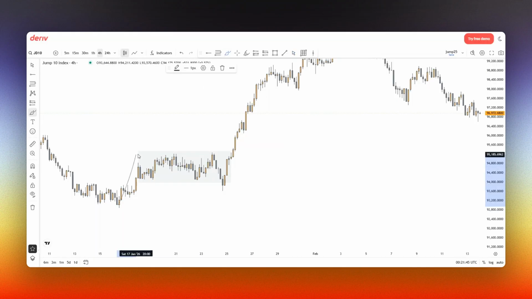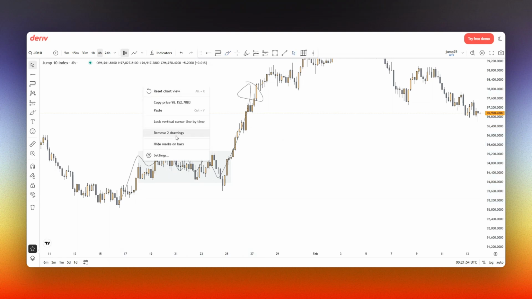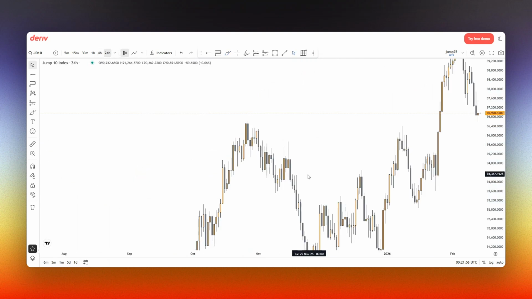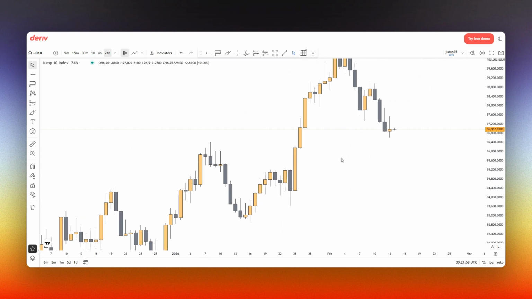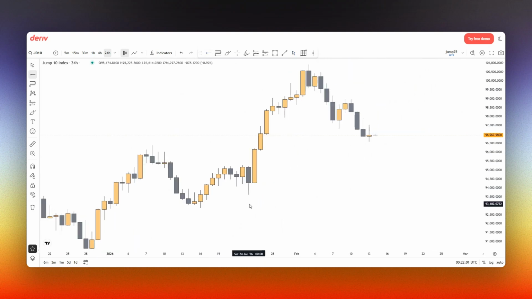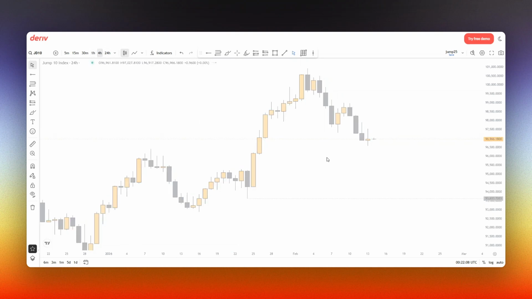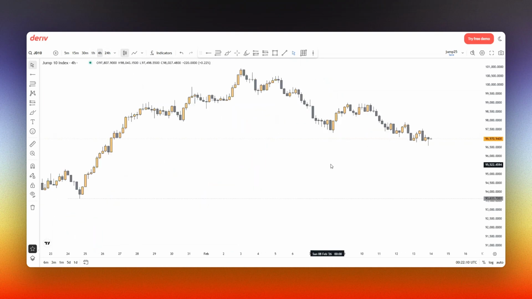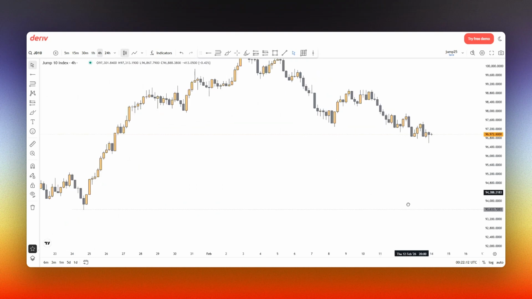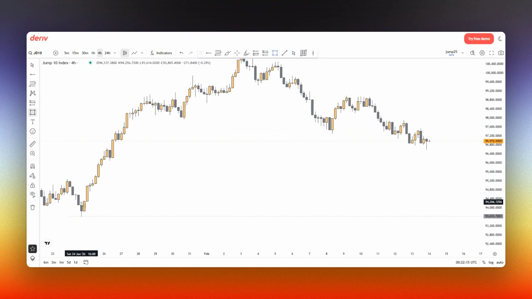So yeah, so this is the low. It's a demand zone here. 4 hour demand zone.